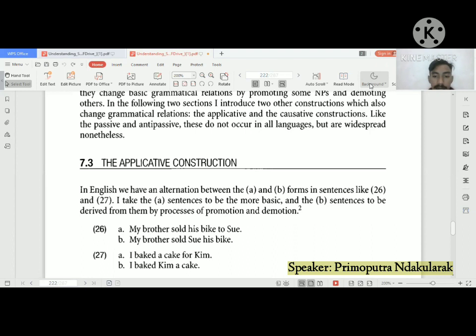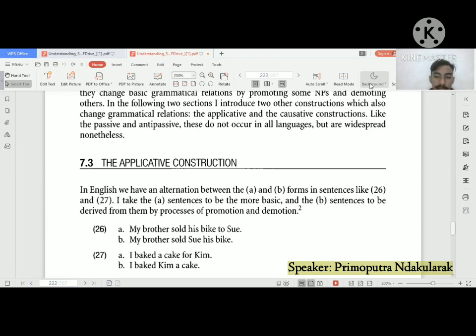This alternation occurs just with certain three argument verbs in English. In their basic form, these verbs take a direct object, such as his bike or a cake, plus a PP headed by to or for, such as to Sue or for Kim.